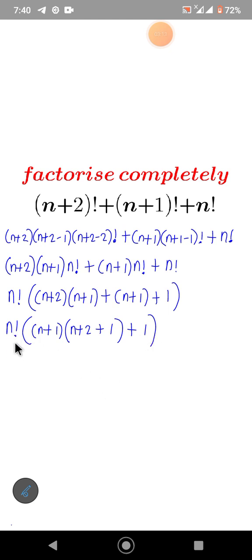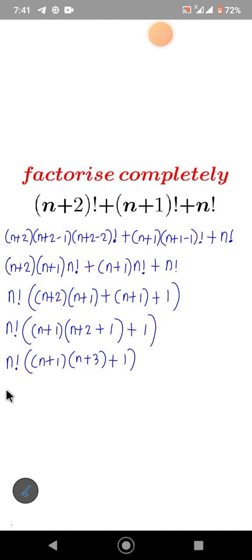The next thing again, we'll continue. We say n factorial, open bracket. Here will become n plus 1, n plus 2 plus 1, that's 3, plus 1. Then the next step would be to expand this inside bracket here.